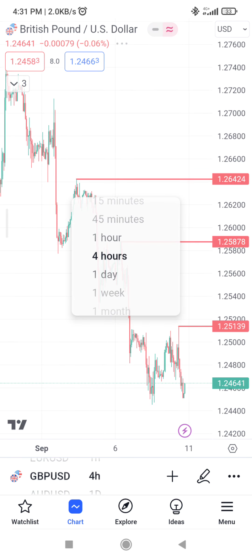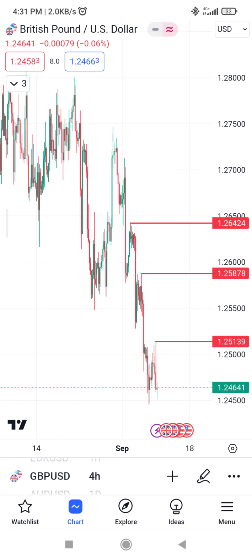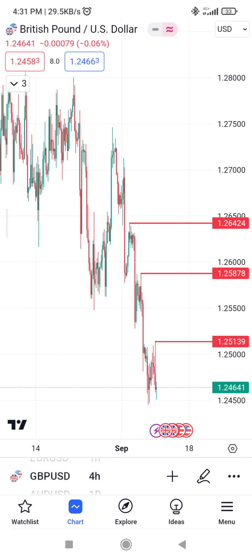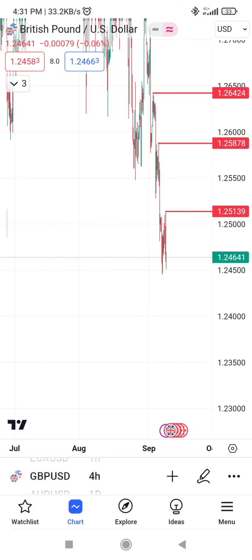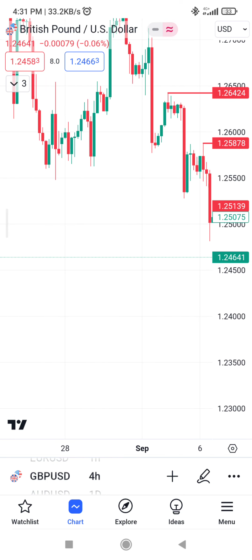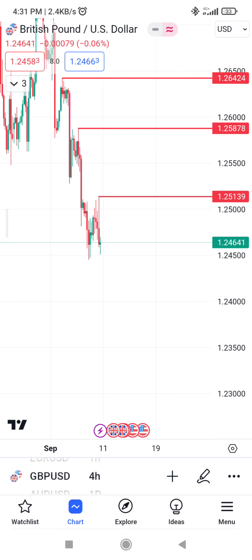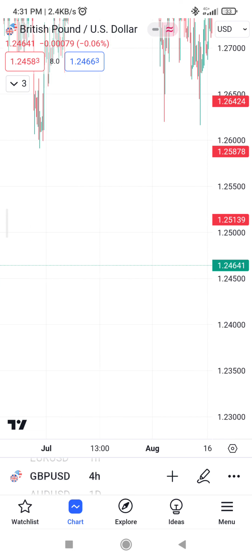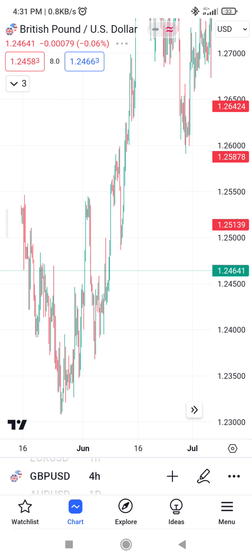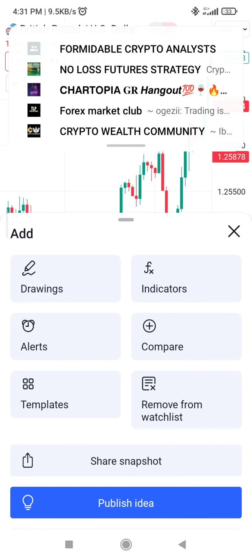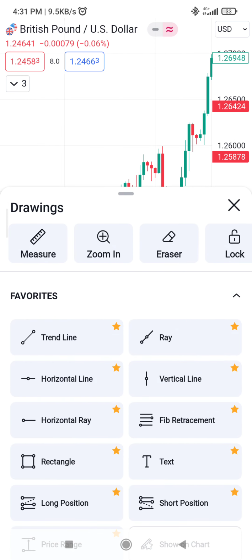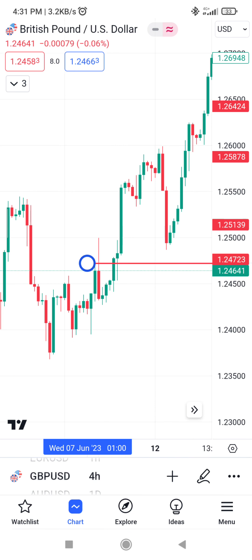So I'm going to use a 4-hour time frame and look for any recent low. Not this one, because this is not really the low. If price breaks this one, it's going to go to another, so that will be my base. This will be the one.